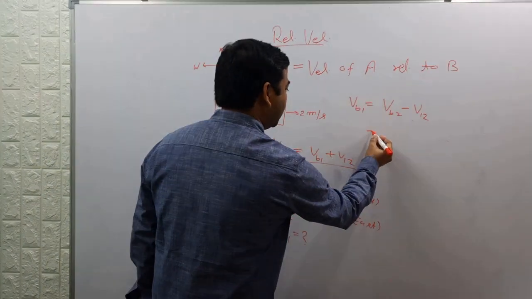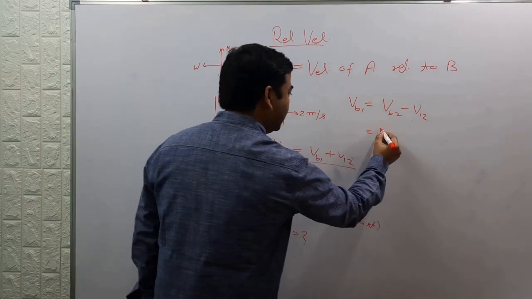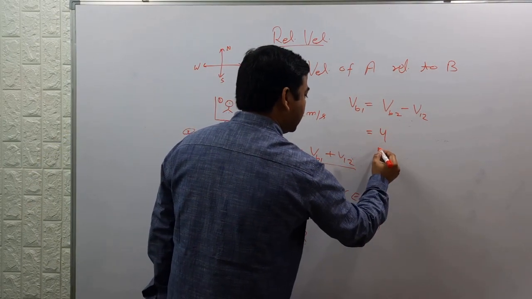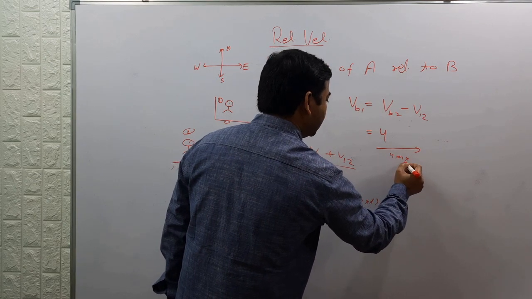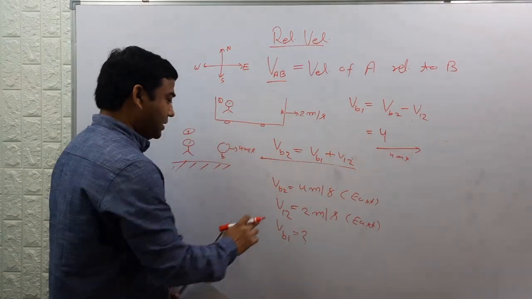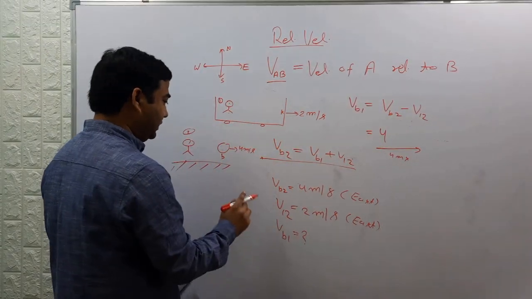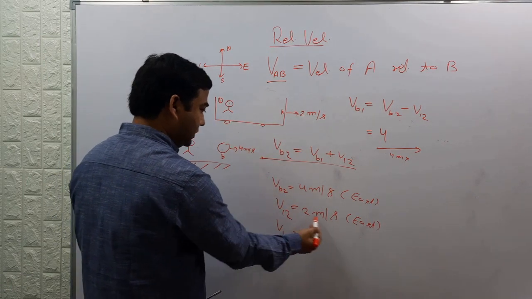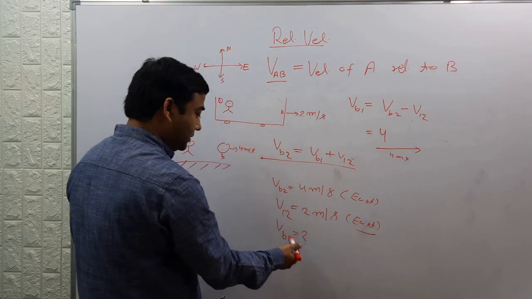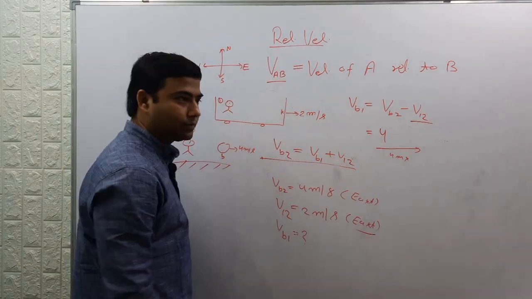So from this formula, VB2 is 4 meter per second, or you can say this vector, 4 meter per second eastward, minus V12, which is also in the eastward direction. So we need minus V12.